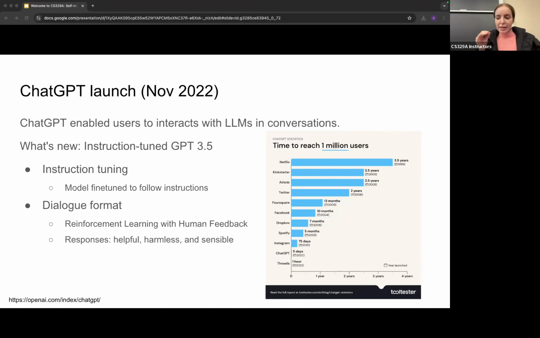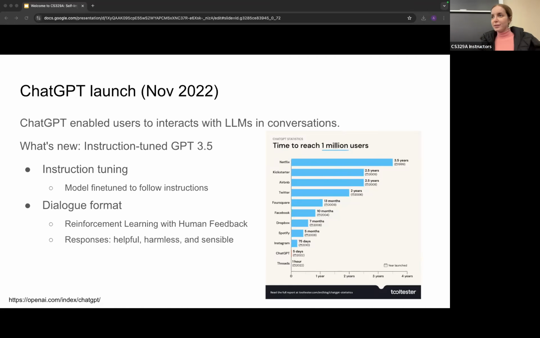was instruction fine-tuned on the previous version of GPT, GPT 3.5. And what that means is that this model was really fine-tuned to follow instructions, and the kind of prompts that are asked by humans. And this is a process on top of the pre-training that pretty much all the other models at the time were going through. Another big difference or distinguishing factor for ChatGPT was that it had this dialogue format.